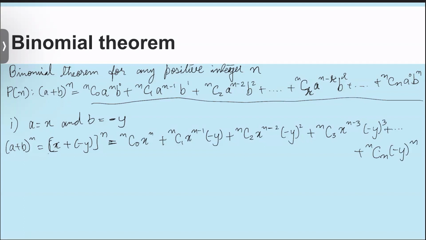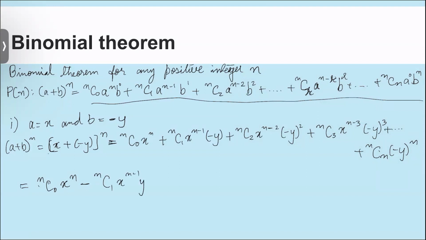Now if you take out the minus sign from the bracket itself, you get nC0 x raised to n; the first term remains the same. Then minus nC1 x raised to n minus 1 y.